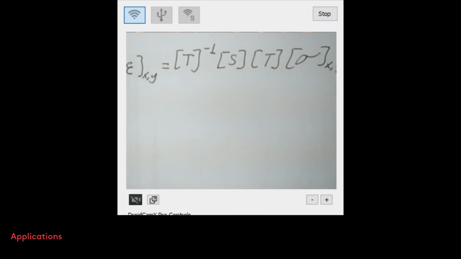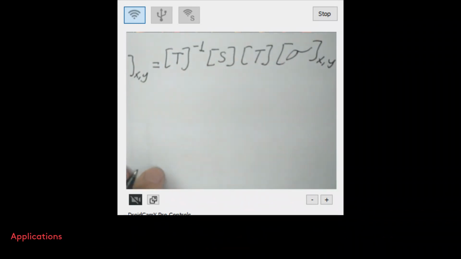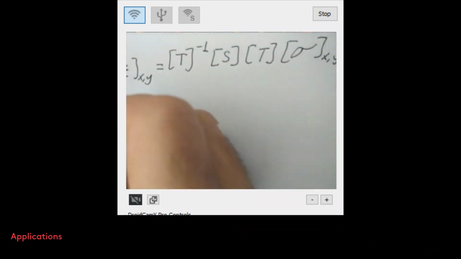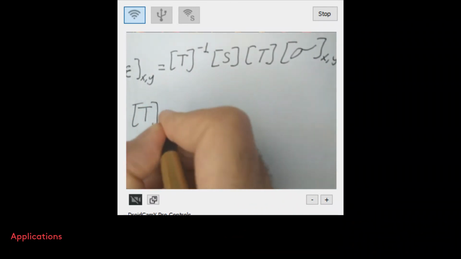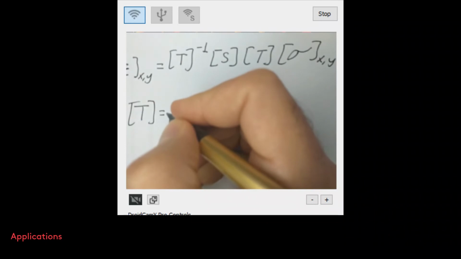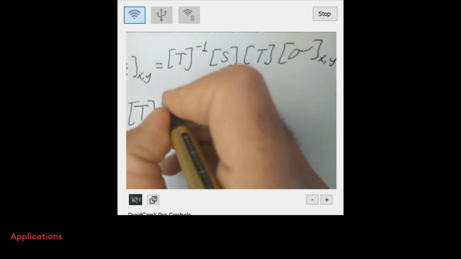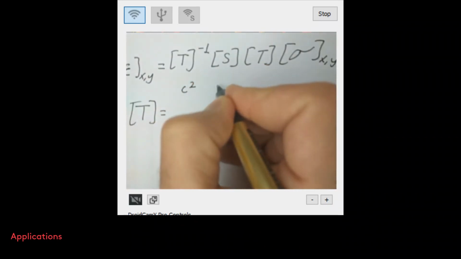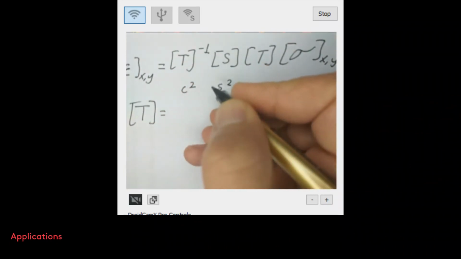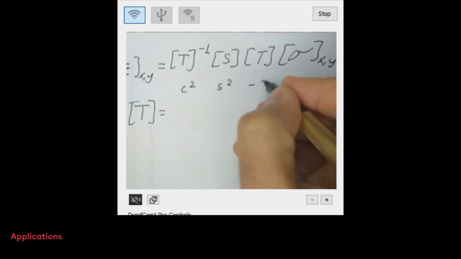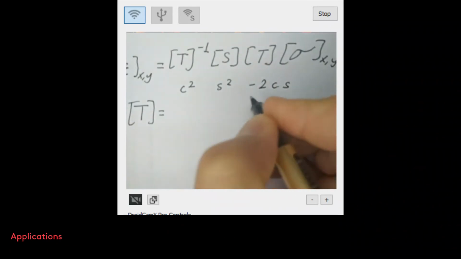Now the transformation matrix is made of sines and cosines. So it is cosine square, sine square, minus 2cs. This is the first row.